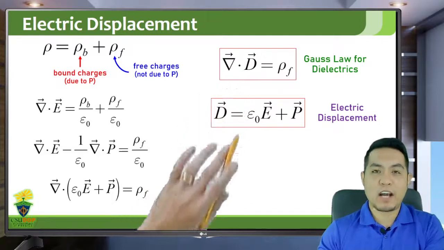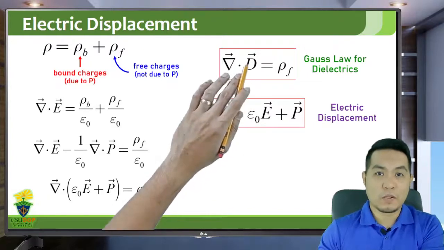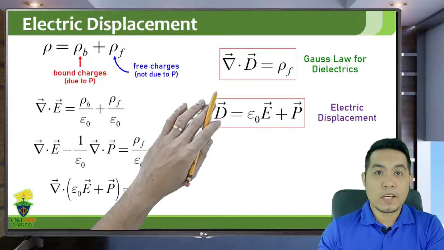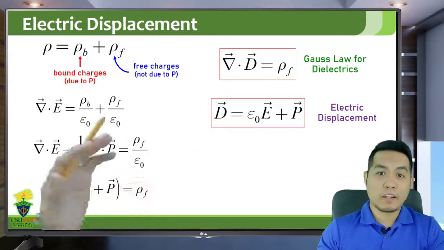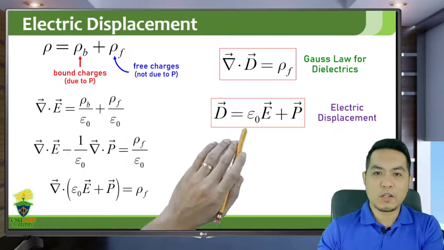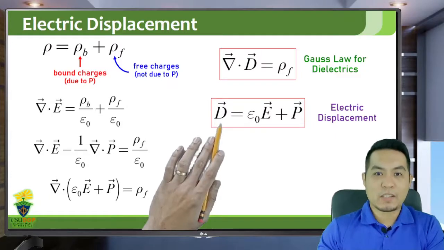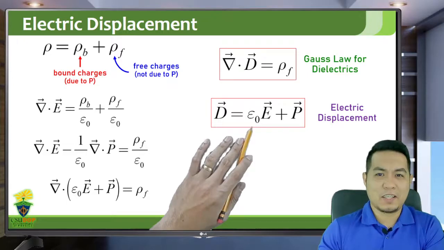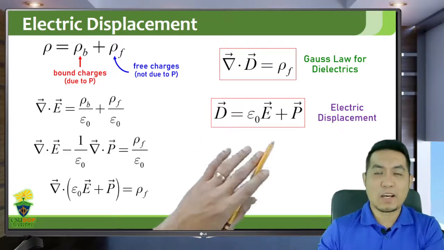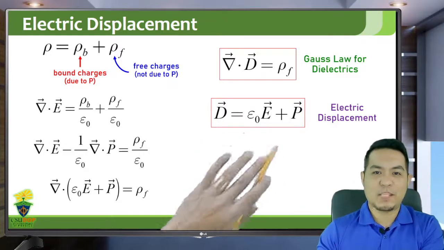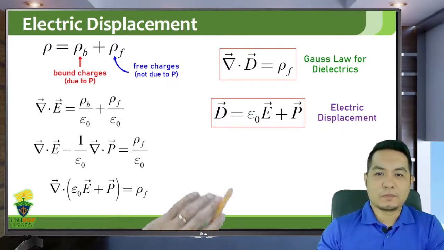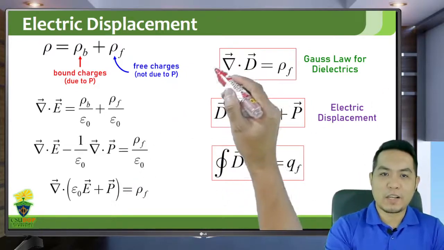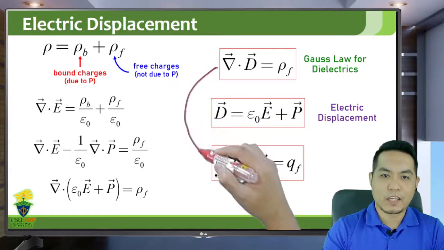This is a more general form of Gauss law. It can be applied to objects that are polarized and objects that are not polarized. If you notice, the electric displacement D is basically just an electric field, but plus the polarization P. So this is the differential form of Gauss law for dielectrics.